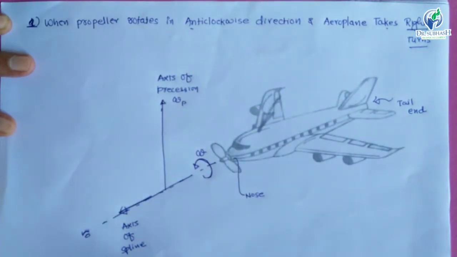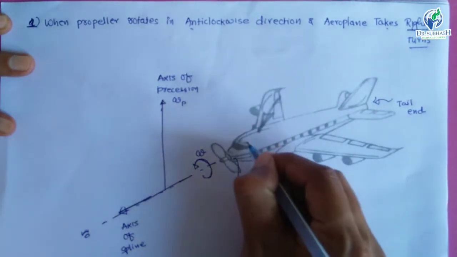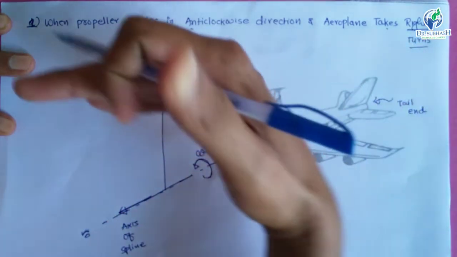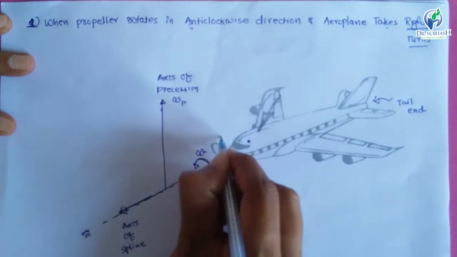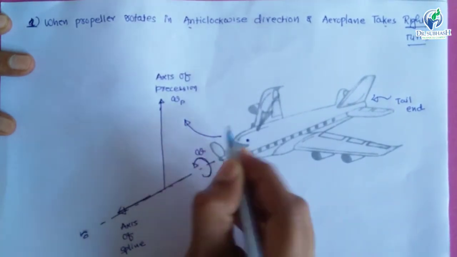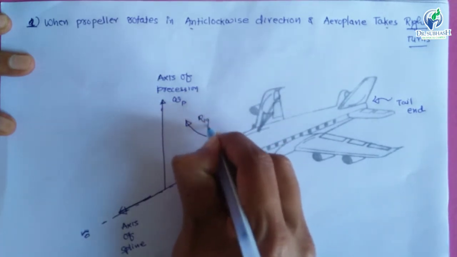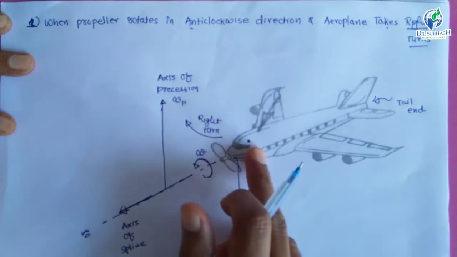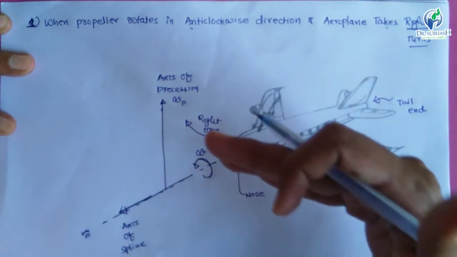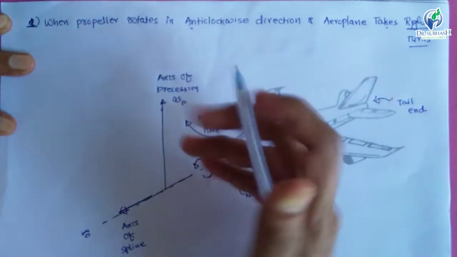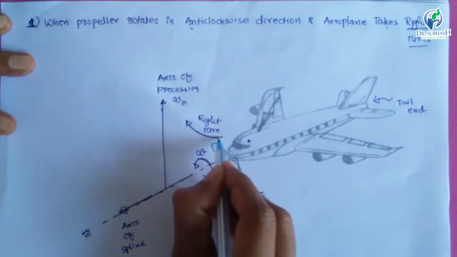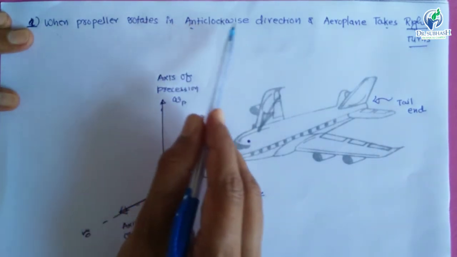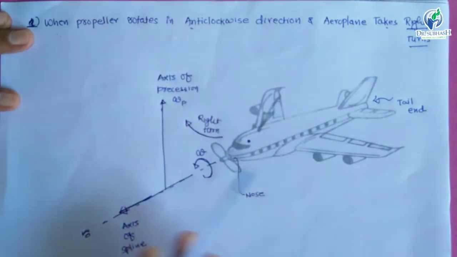When we assume that we are sitting inside the aeroplane, then we can say that our aeroplane is taking a right turn, a turn in this way. So our first case is when the propeller rotates in the anti-clockwise direction and the aeroplane takes a right turn.